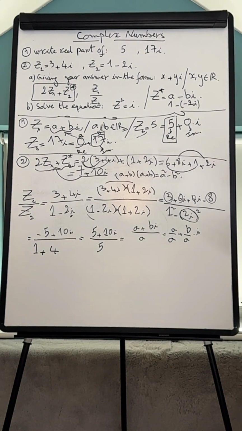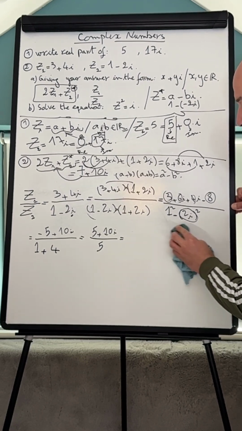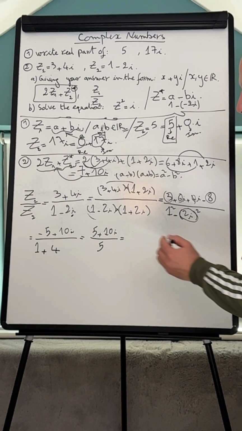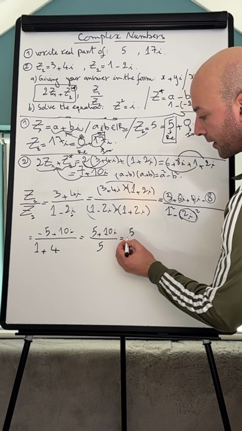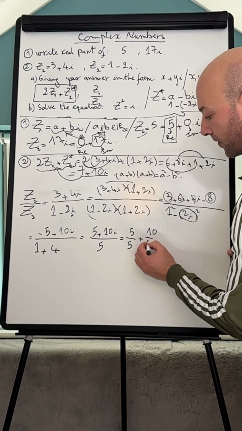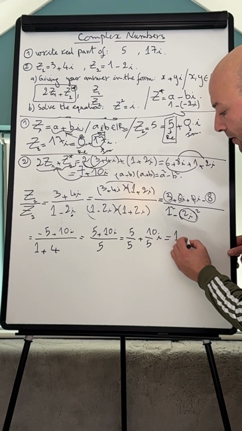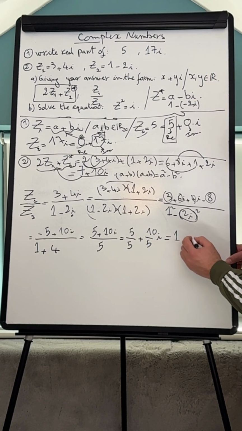Let's just clear the board for you, then you can understand what I'm going to write in here. So we've got 5 divided by 5 plus 10 divided by 5 times i. 5 by 5 is 1, plus 10 divided by 5 is 2i.